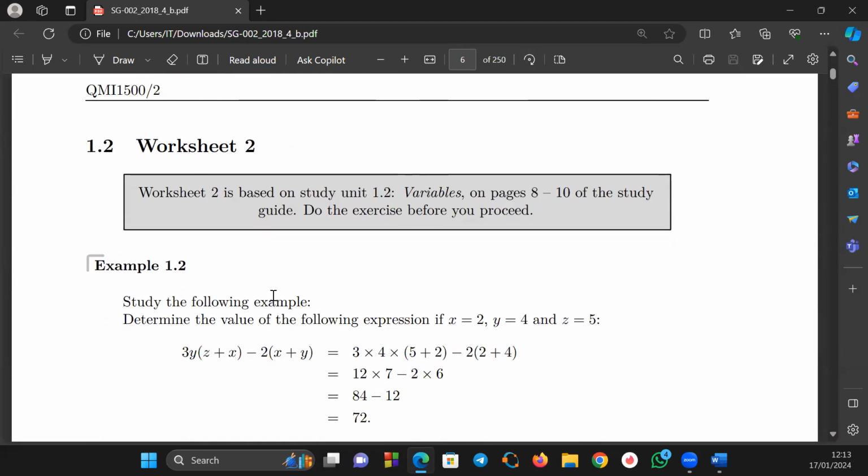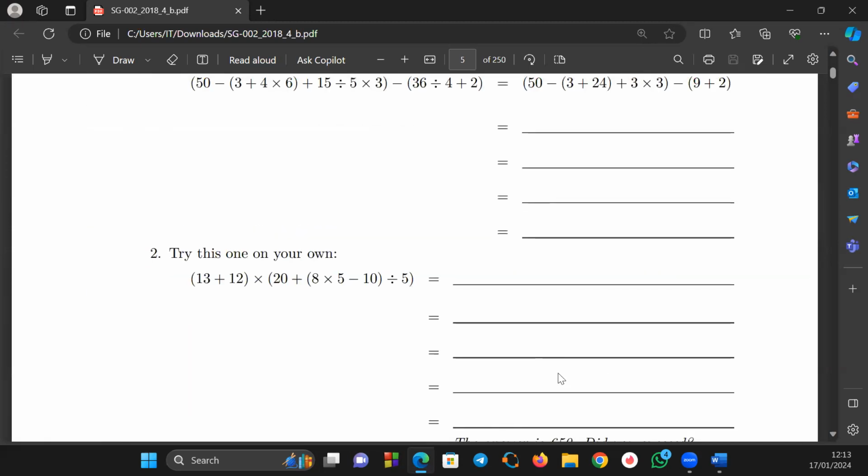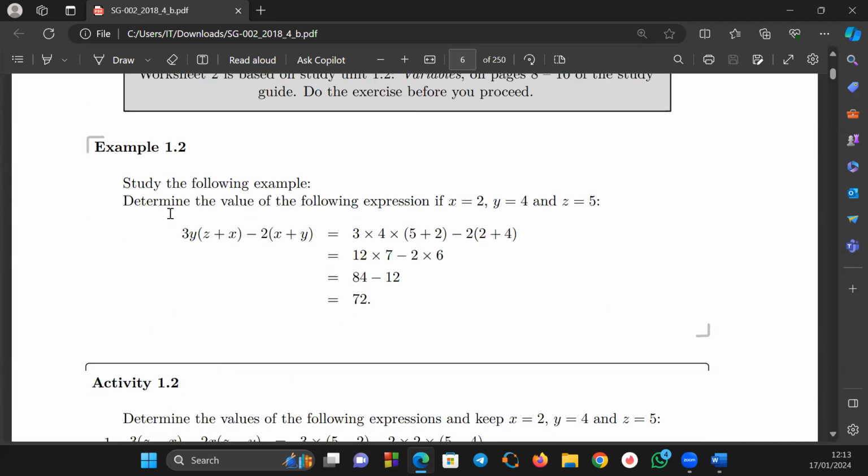Don't worry about that, it's not really that hard, but the most important part is this one because you're going to be working with this later. It's example 1.2 in your study guide. As I've said, I'm going to share this study guide with you guys. So in this example 1.2, you have a letter.